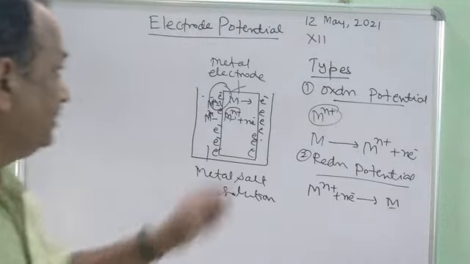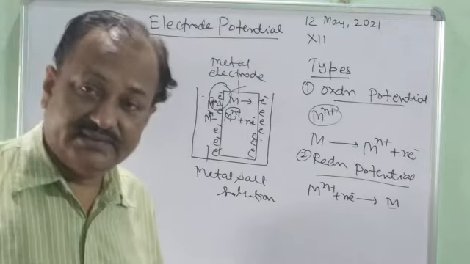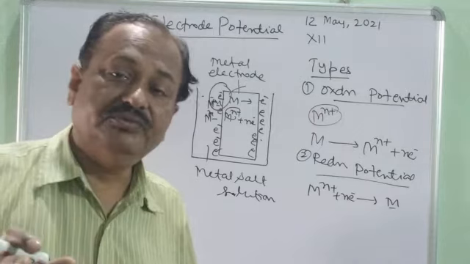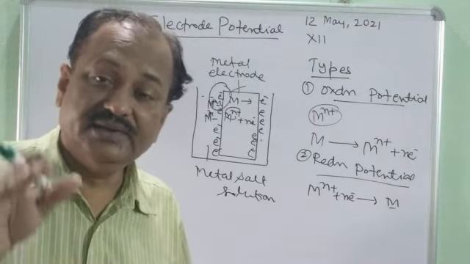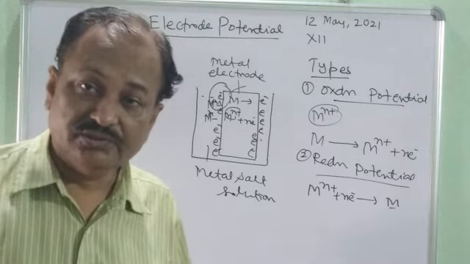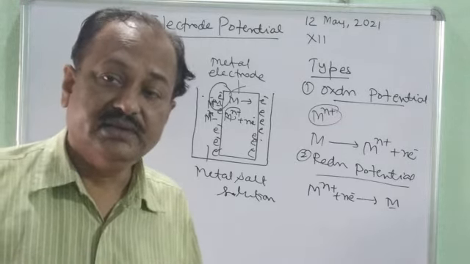So electrode potential is defined as the potential developed between an electrode when it is dipped into a metal salt solution.